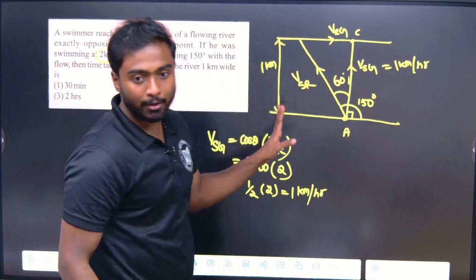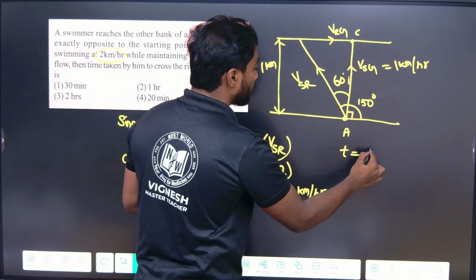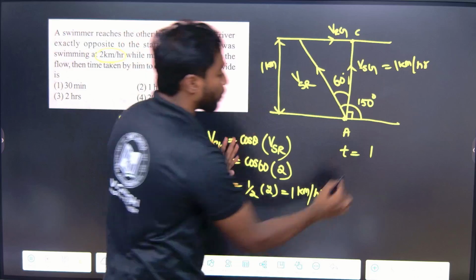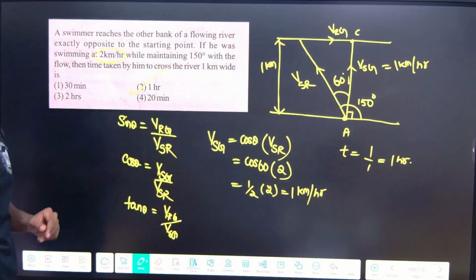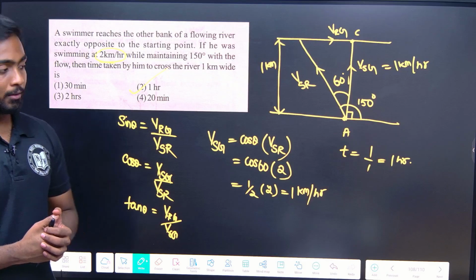How much distance? 1 km. So time taken will be equal to distance by velocity, 1 by 1, which is 1 hour. Option 2. Got it?